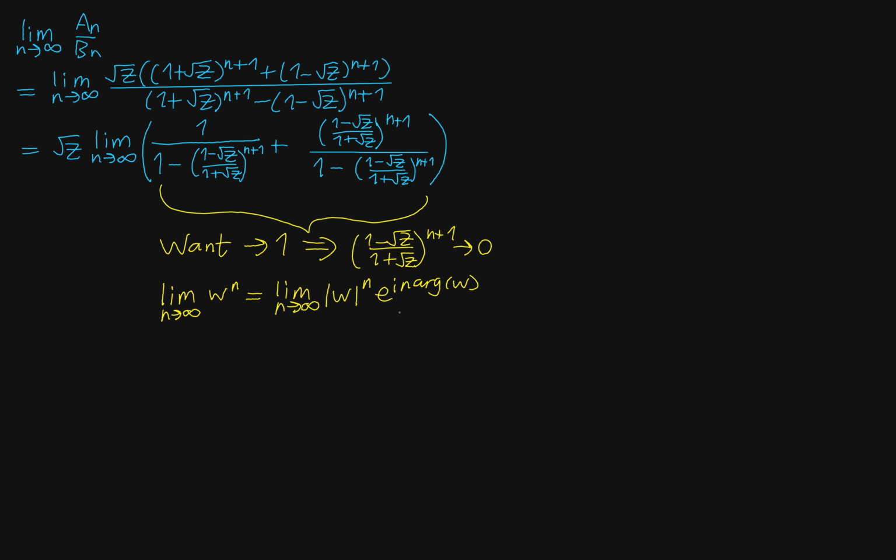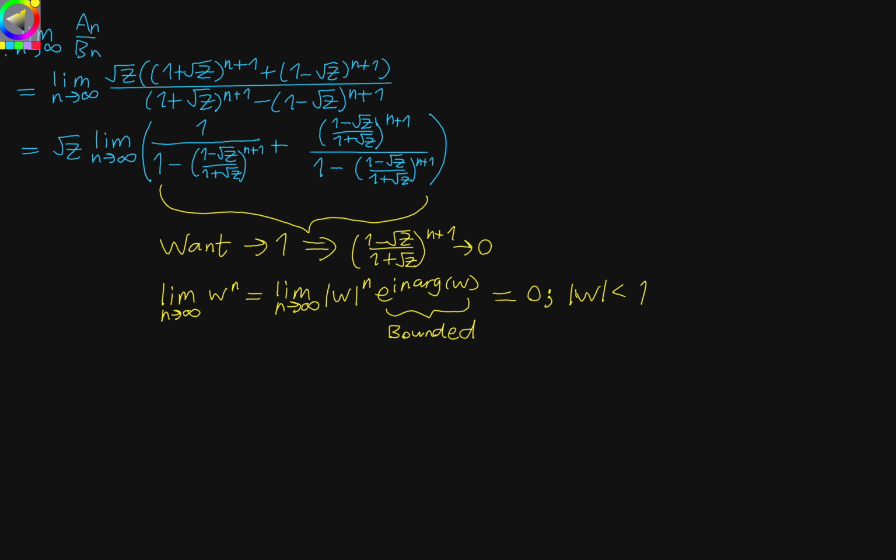This part is bounded; it's always going to keep circling around the unit circle. So the only thing that could shoot off to infinity is the modulus, and this will only go to 0 if it is less than 1, okay?